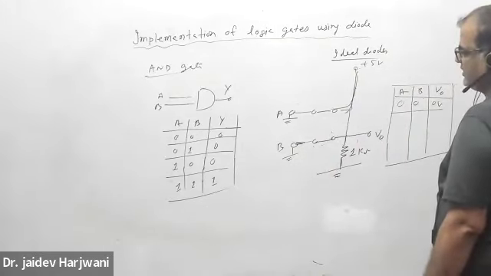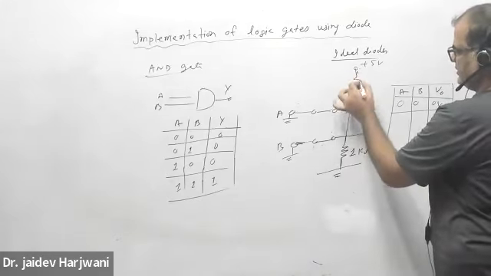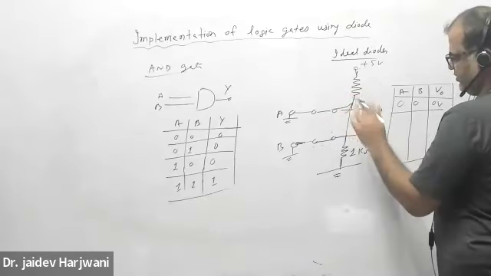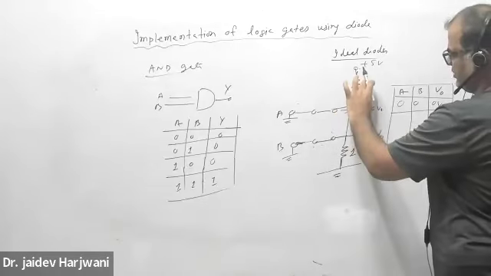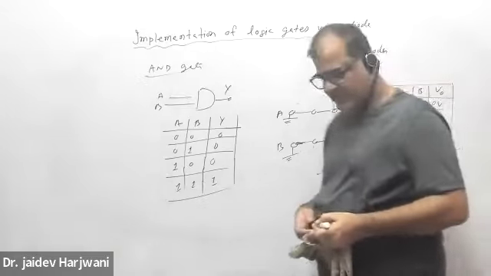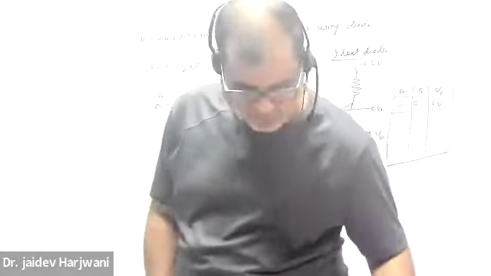Just let me check whether the circuit is correct or not. If I put resistance here and measure the voltage here, V naught, this current will pass through here, and all the drop will happen here. Just give me 1 minute. Let me check the circuit of the OR gate, whether I'm doing it right or wrong.